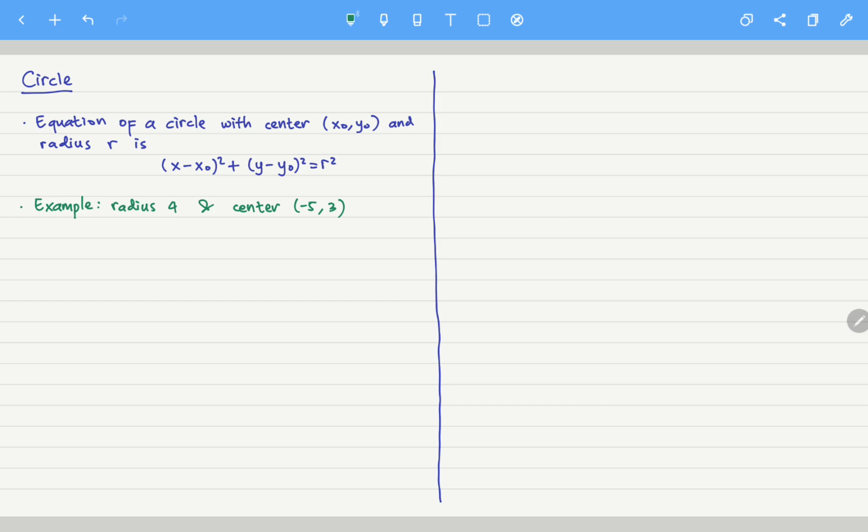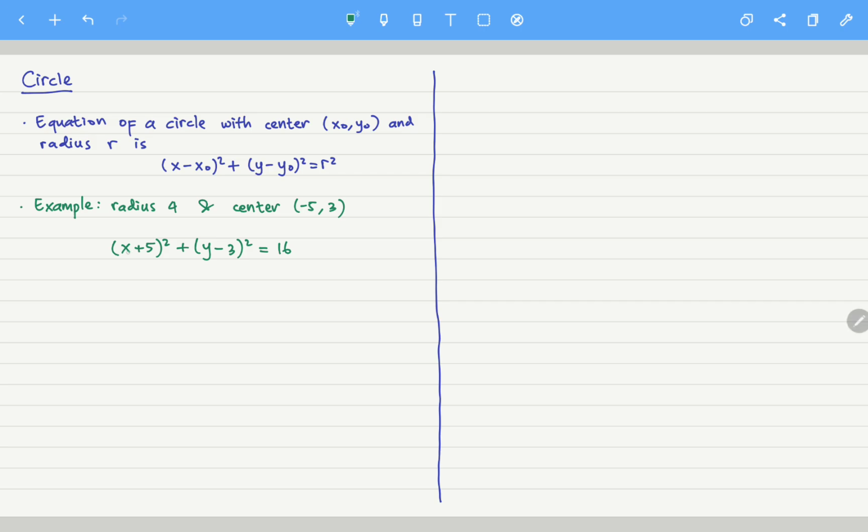So the equation of the circle is x minus, so in this case minus 5, it becomes x plus 5 squared plus y minus 3 squared equals 4 squared. 4 squared is equal to 16.